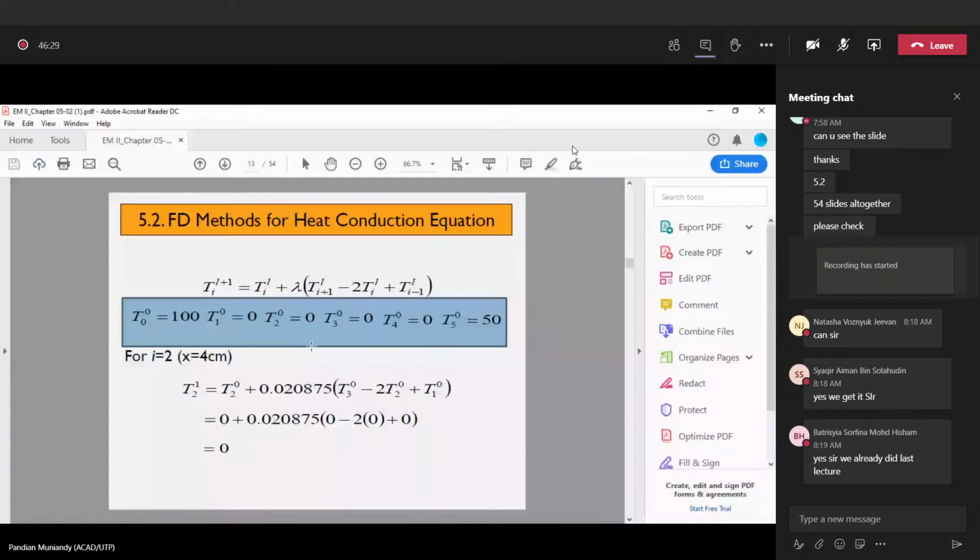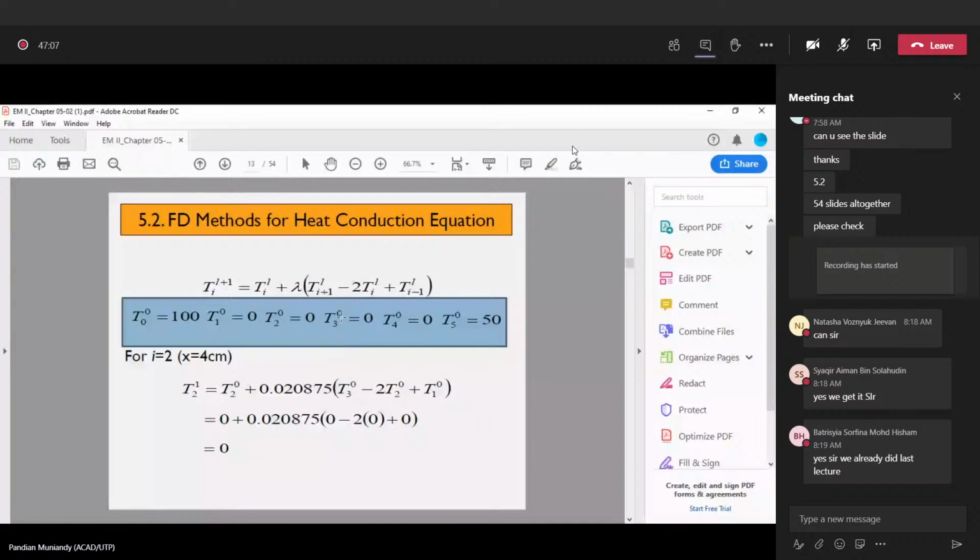So now at I2, x is 4 cm. So I2 means T subscript 2 superscript 1. The L on the left hand side always will be T superscript 1, that is T superscript 1 when L is 0. So the right hand side you fill up T superscript 0 subscript 2, which is 0, plus lambda, 0.020875, times T superscript 0 subscript 3, which is 0 here.